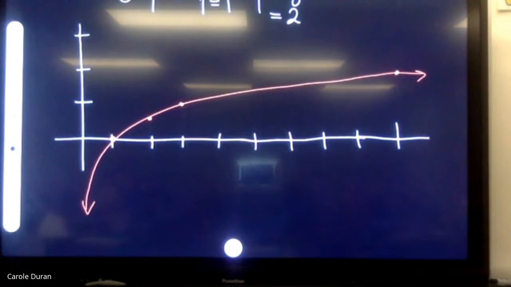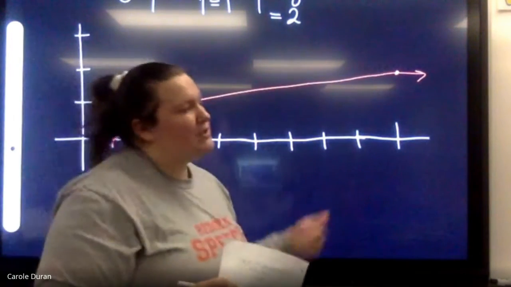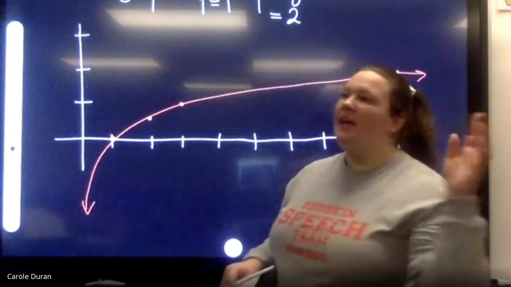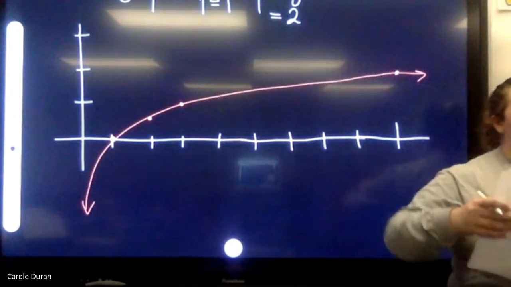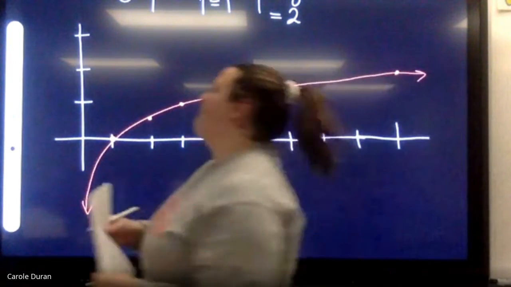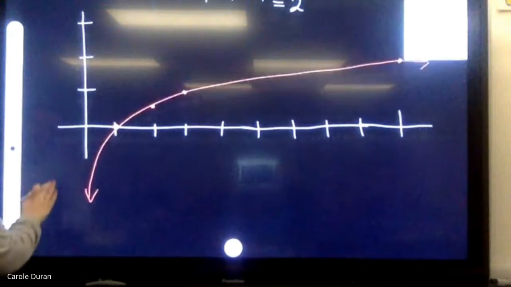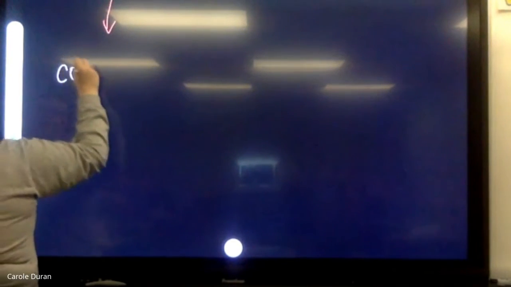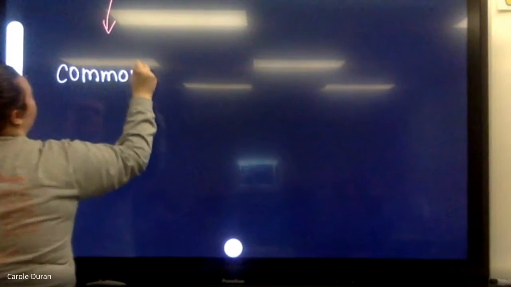All good? Okay. So now that we have converted logarithms into exponentials and exponentials into logarithms, and we've graphed logarithms, let's talk about the different types of logarithms that we can have. Because there are 2. There is the common logarithm, which is what we have been dealing with so far this lesson.